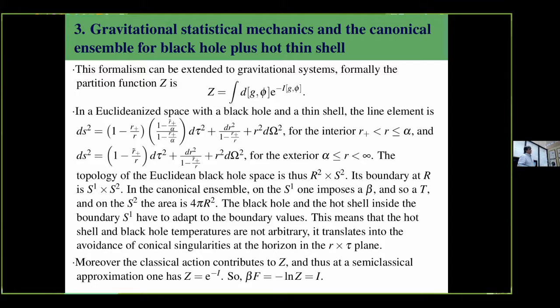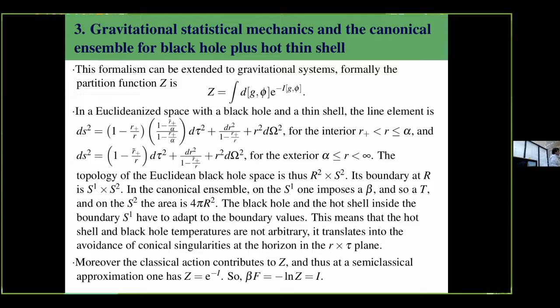The boundary at the reservoir is an S1, which is a circle, times S2, so for each point of the circle you have a sphere. So in the canonical ensemble, one has to impose a temperature, a beta or a T, because beta is equal to 1 over T. And the S2 at the boundary has area 4 pi R squared.